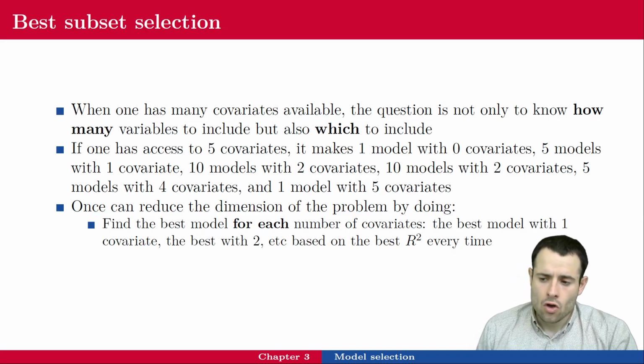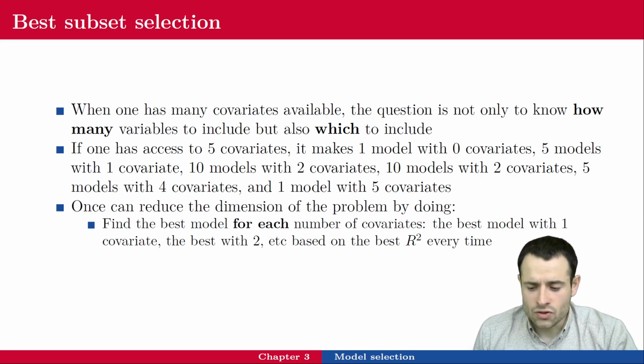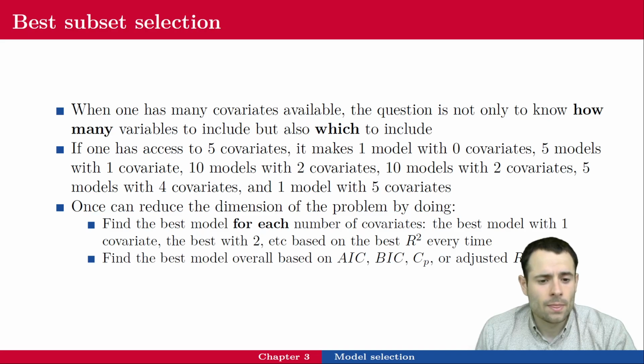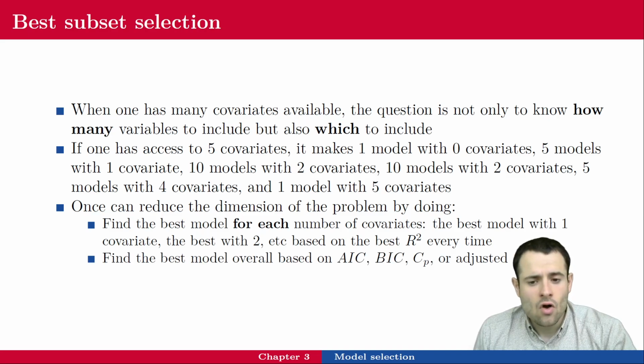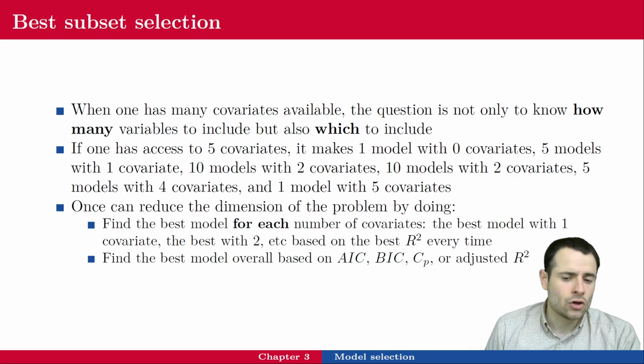So you might have different models of 2 covariates competing, but you choose the best one based on the R-squared. Then, once you have the best 2 covariate model, the best 5 covariates model, and so on, you find the best model overall based on one of the 4 criteria we saw in the previous slide.